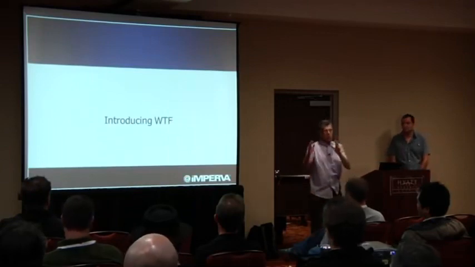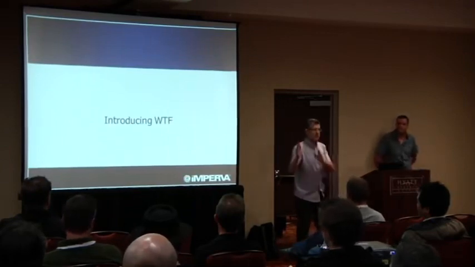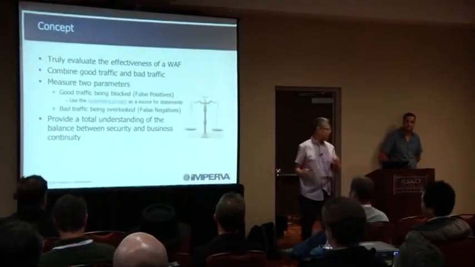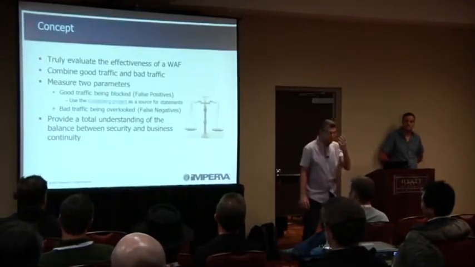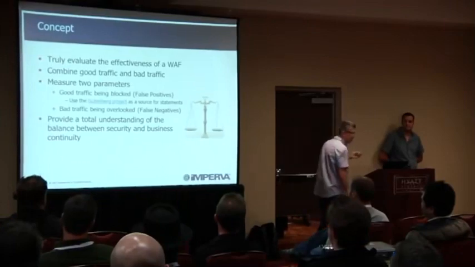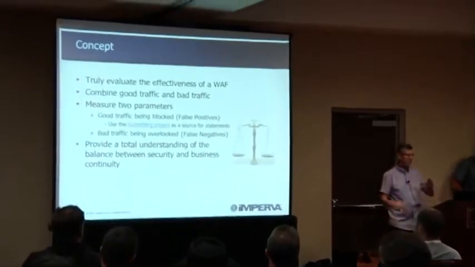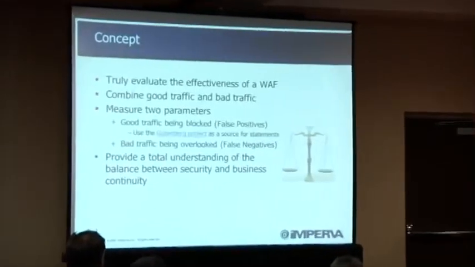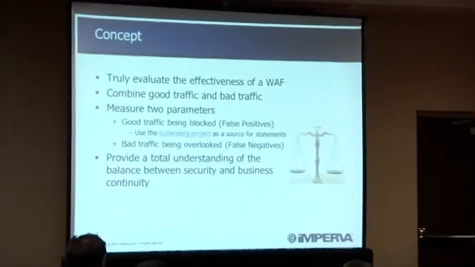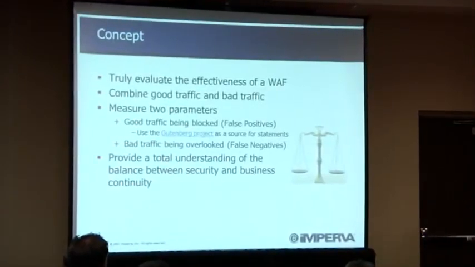And this is where we came up with our web application firewall testing framework. The concept is really to have a true evaluation of the effectiveness of the web application firewall by combining good traffic and bad traffic and measuring two parameters. One is good traffic that is being blocked. These are the false positives. And we use various sources of data for those tests, like, for example, the Gutenberg project, which contains scanned books.